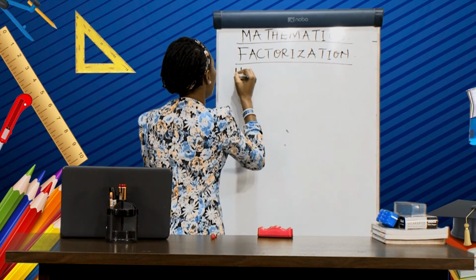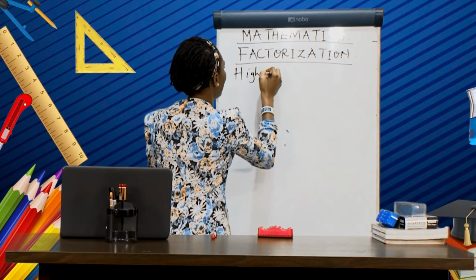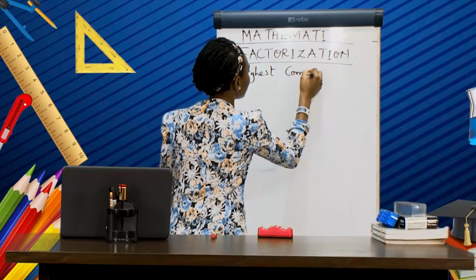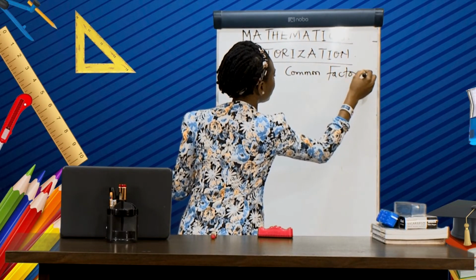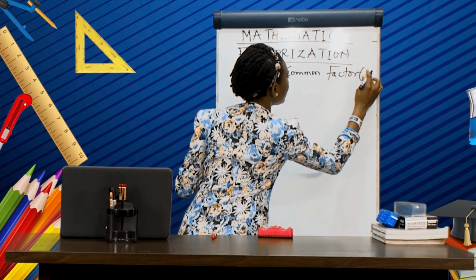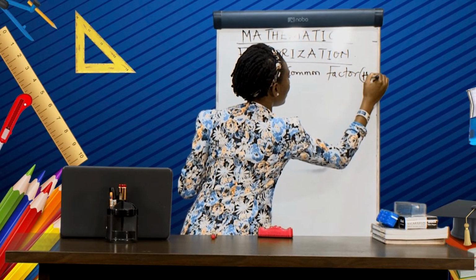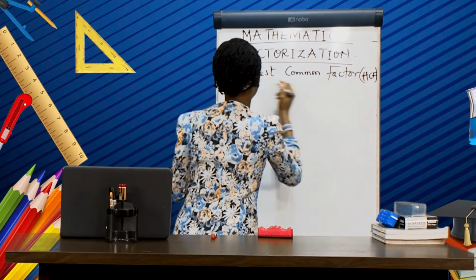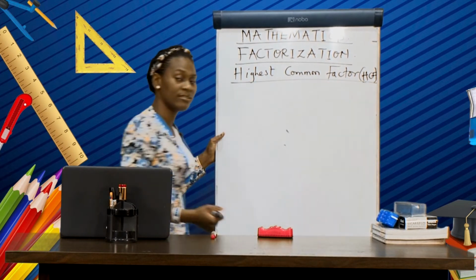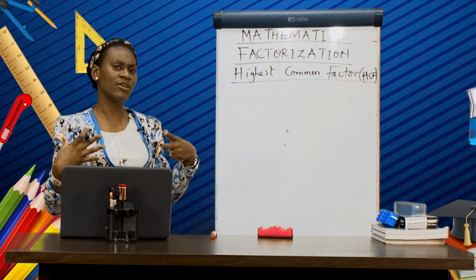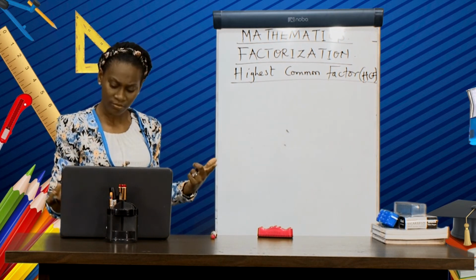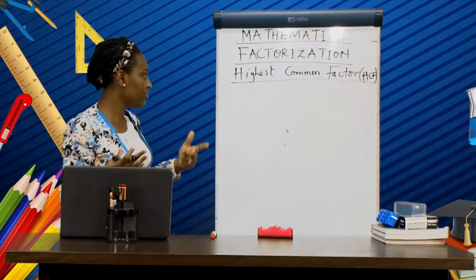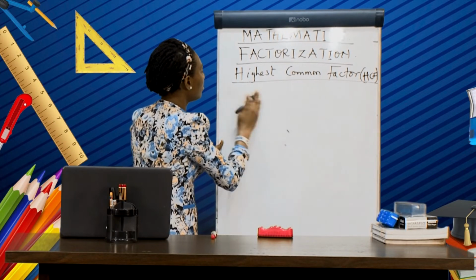So we have the highest common factor, which is popularly known as HCF. How do we find the HCF of a given set of numbers and given algebraic terms? Simple and straightforward.